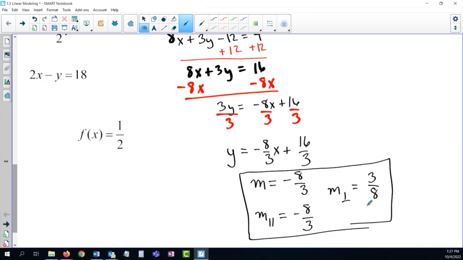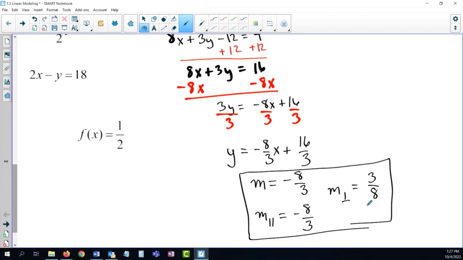The toughest part about this question is keeping track of the work you've done and making sure you're always moving in the direction of the solution. Okay? All of the work to get us so that we can find the slope, so that we can then find the slope of the parallel and perpendicular lines, all of that work is old stuff.